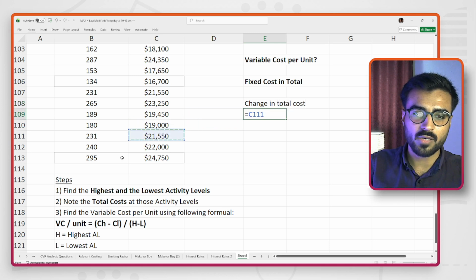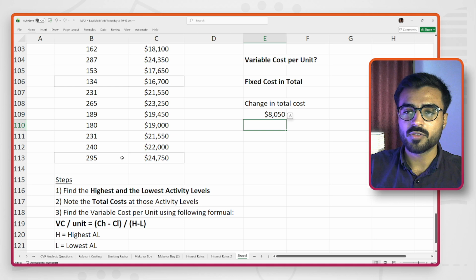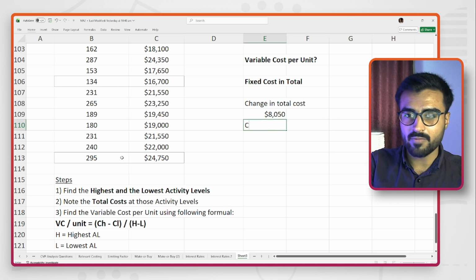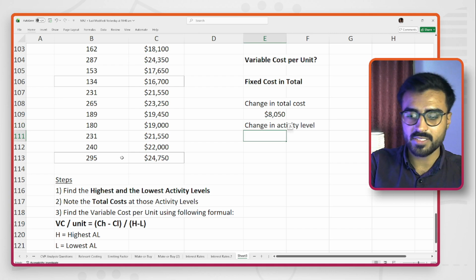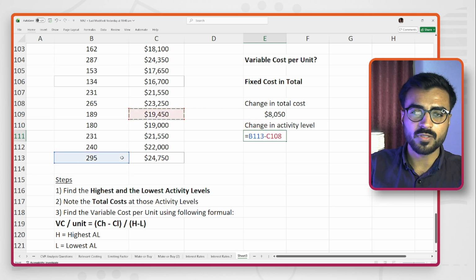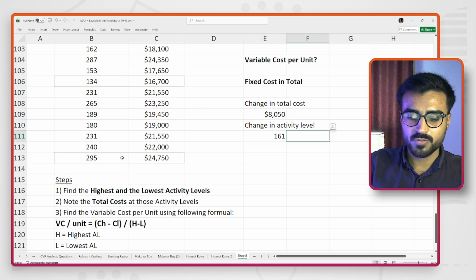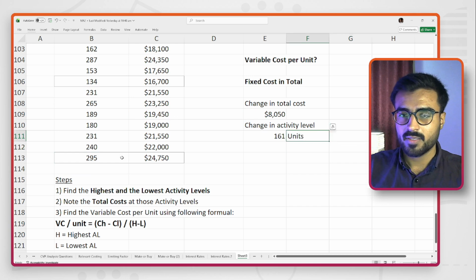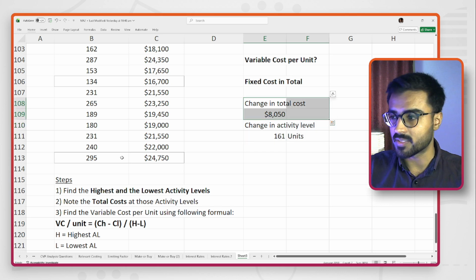The change in total cost was 8,050. The change in activity level was 295 units minus 134 units, so the activity level changed by 161 units, and the change in total cost was $8,050.